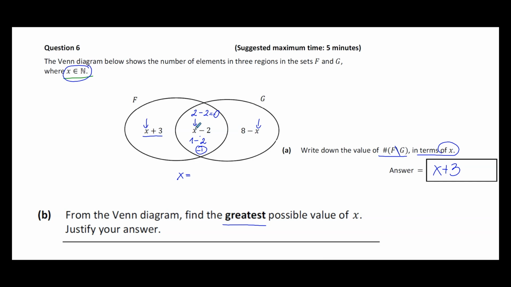I know that the lowest cannot be less than 2, so it can be 1 only. So 1 here cannot be. But we are talking about the greatest possible value of X. So that's what I have to consider, because I can have 1 here. 8 minus 1, that's good. That is 7. So what value here can I not have?